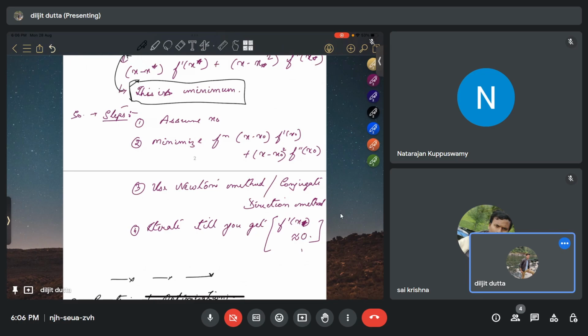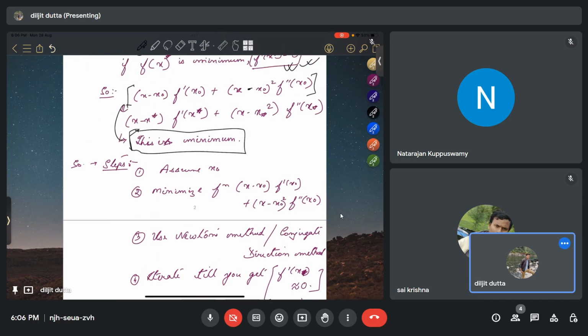It is not multivariable or a higher order polynomial. The function we are minimizing is only second order, that is a quadratic polynomial, and we can minimize a quadratic polynomial simply by Newton's method in one step.